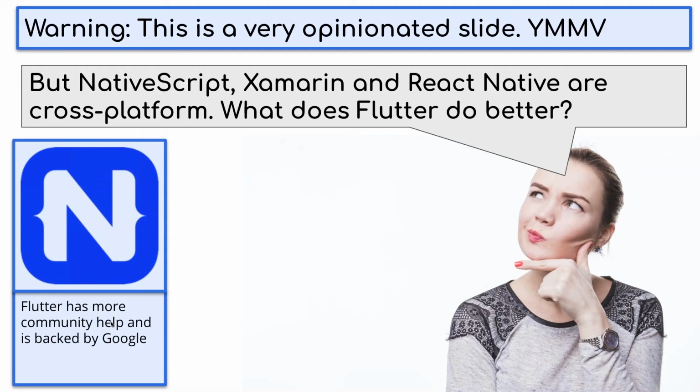Therefore, it has the least amount of support, the least amount of ability to ask questions. It's got very few Stack Overflow kinds of answers, very few libraries out there. And the main reason why is because it's not backed by a large company. It's backed by a company called Progress Software. And I would venture to guess that not many of us have heard of that.